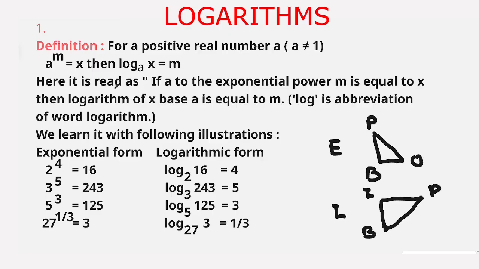We can read this as a to the power m equal to x, then log x base a equal to m. If log x base a equal to m is given, then we can directly conclude that a to the power m equal to x. So we can convert exponential form into logarithmic form and logarithmic form to exponential form.